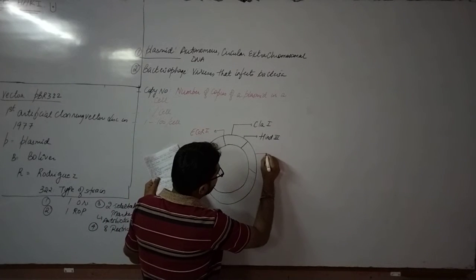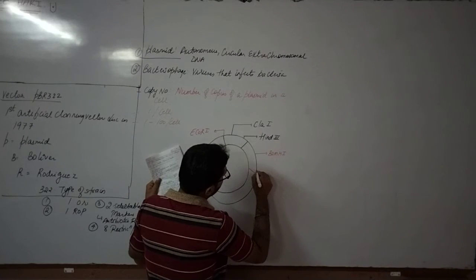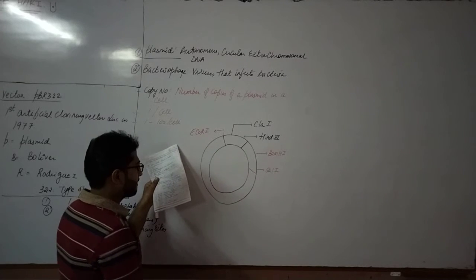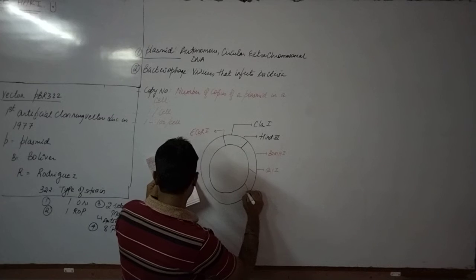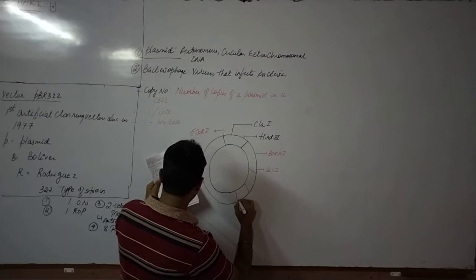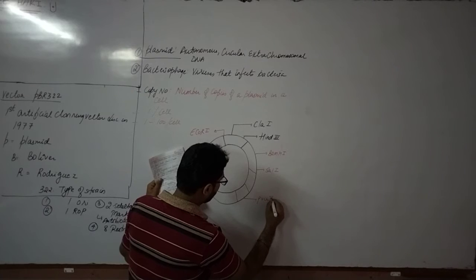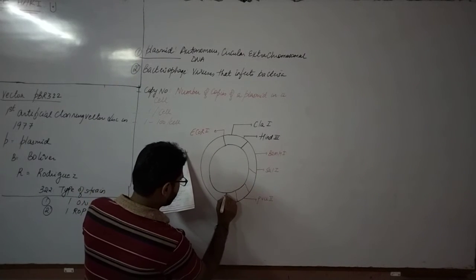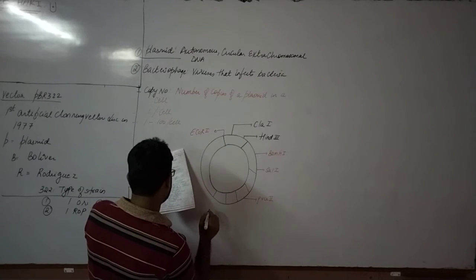All these are restriction endonucleases. Then within this segment we have the PvuII restriction endonuclease.